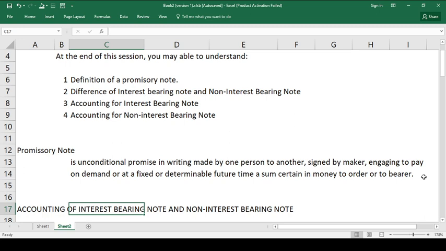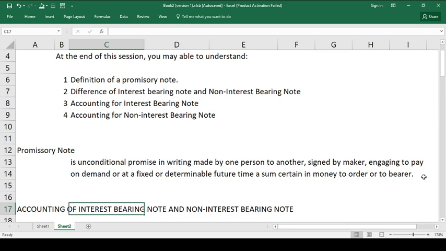The "good for" that is called in the store is a promissory note as well. Take note, based on the provision of the law, there is no specific format for a promissory note, except for other transactions, particularly on real properties.